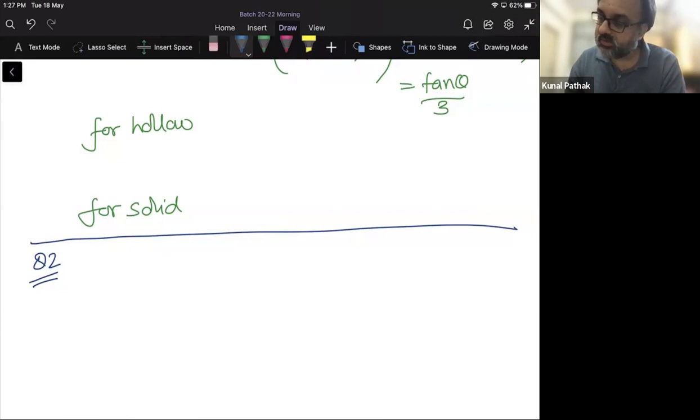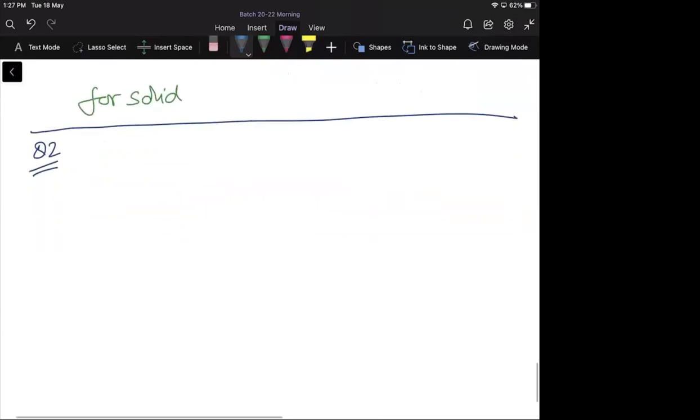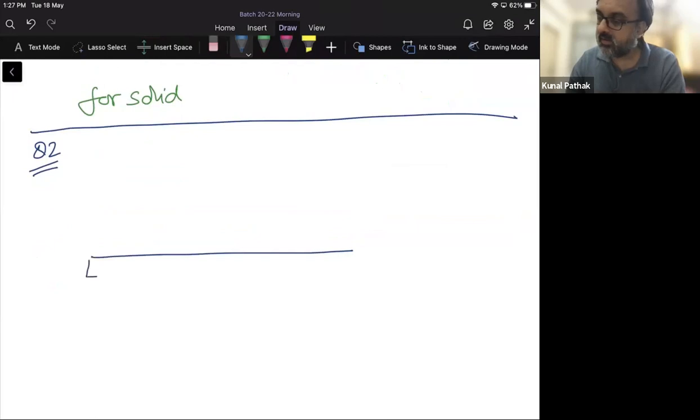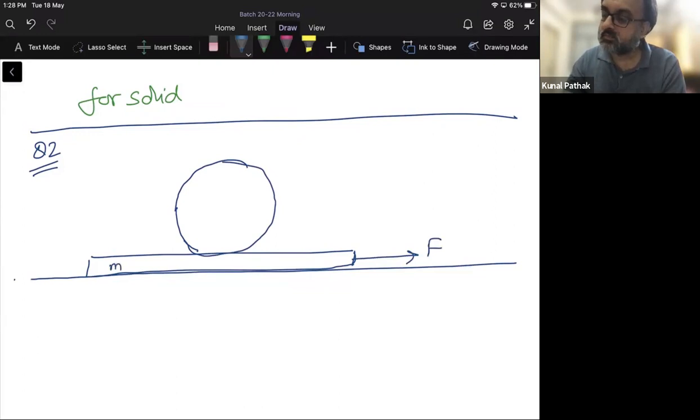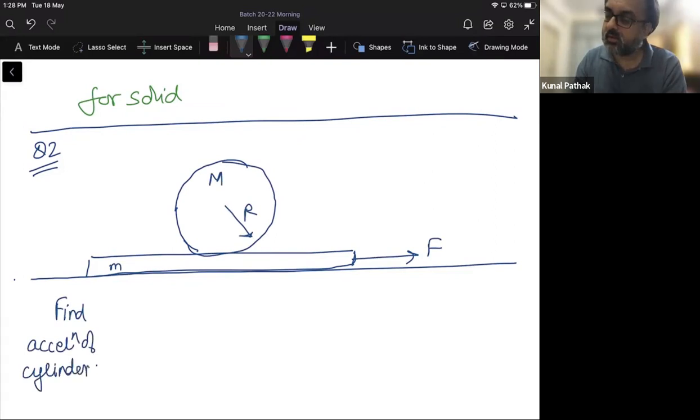Okay, so question 2 is, and please do this very, very carefully. Question 2 is, find acceleration of cylinder if no slipping takes place.